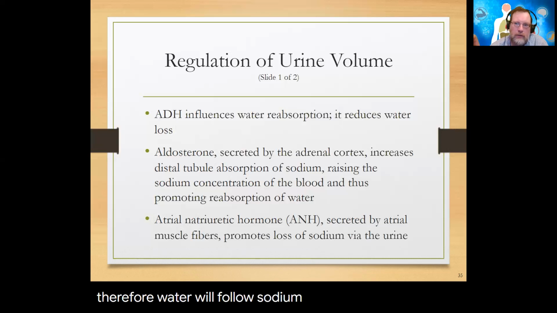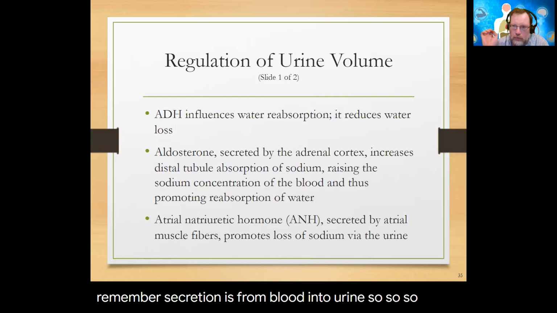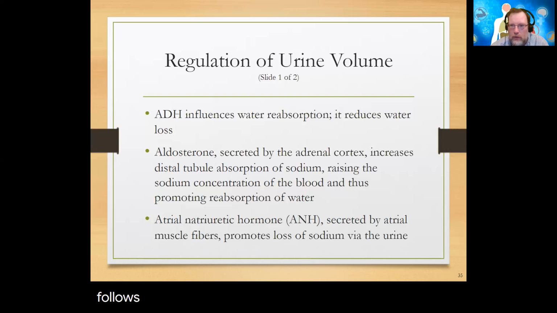Remember, secretion is from blood into urine. So sodium will be drawn out of the bloodstream into the urine, and water follows it. So ANH is a diuretic.